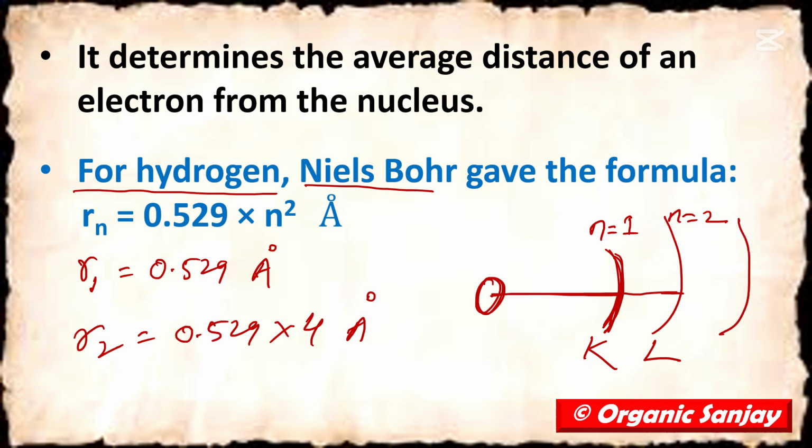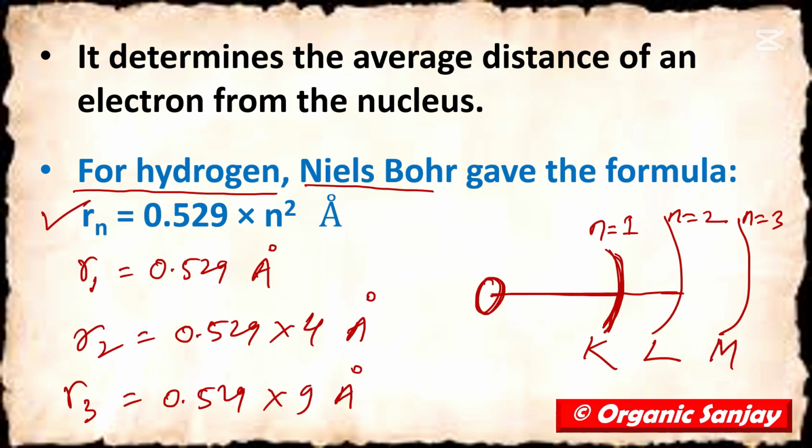Similarly, for the third shell or M shell, n is equal to 3, the radius will be 0.529 into 9 angstrom. But keep in mind that this relation is only for hydrogen, not for other atoms.